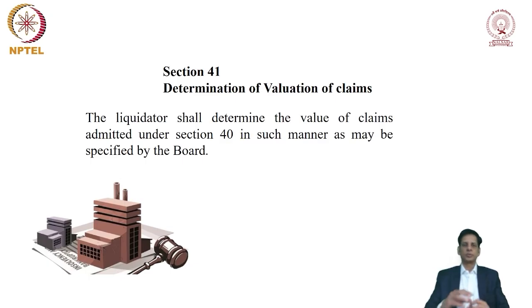However, it is very important to first understand the valuation of the claims. Only then can he decide whether to accept or reject the claim. So the liquidator shall determine the value of claims admitted under section 40 in such manner as may be specified by the board. So the board only will tell you how you accept or reject and how you value the claims.